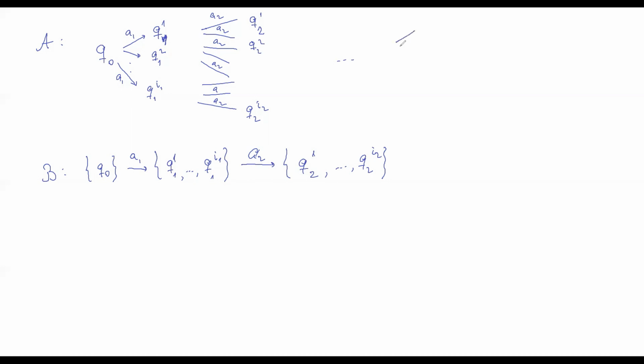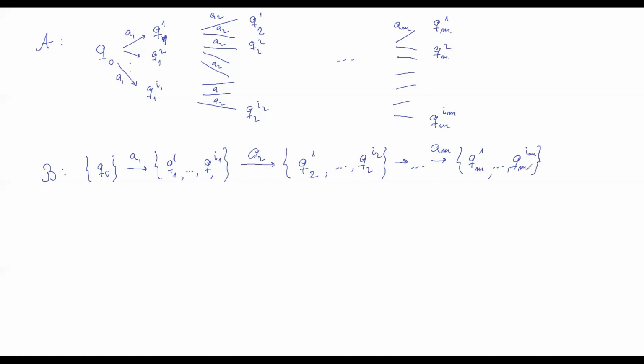to the last step of the computation, where I'm reading letter am, and I got to state qm,1, and in a different computation state qm,2, and maybe with a different computation qm,im. And so eventually also in the automaton B, with the same argument as before, it goes to this state where I'm collecting all of these, qm,1 all the way to qm,im.